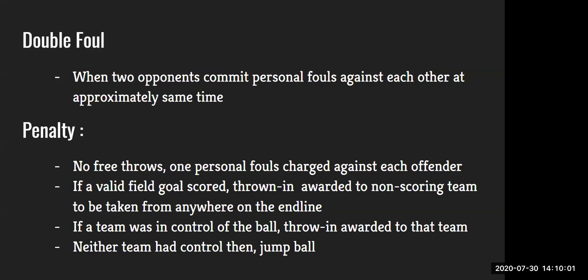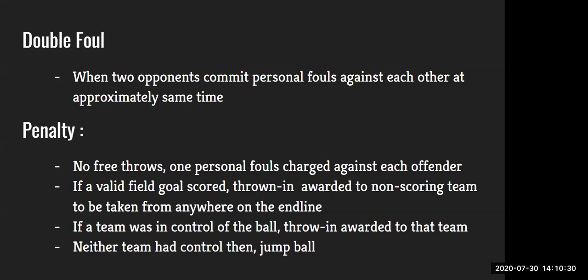If a valid field goal is scored, the throw-in is awarded to the non-scoring team. So if, when the foul happened, one of the teams scored a valid goal, the throw-in is given to the non-scoring team from anywhere on the end line.